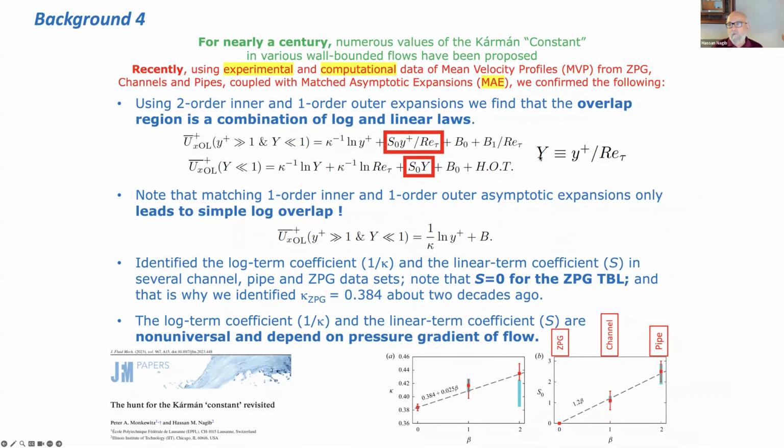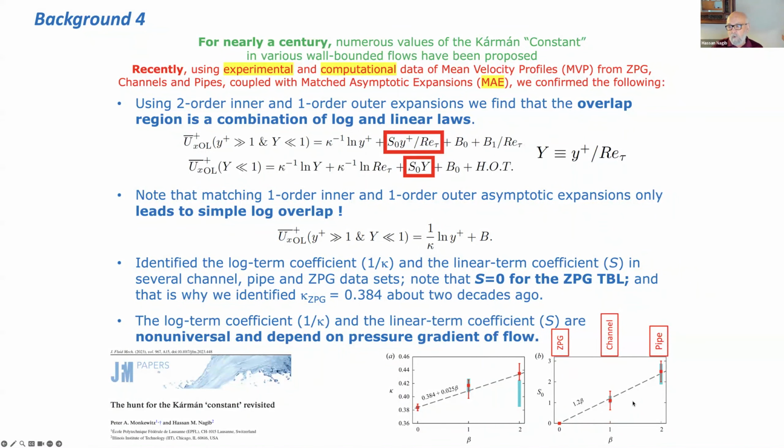So big Y goes from 0 to 1, while y plus keeps changing with the Reynolds number, but they are completely equivalent. And for the ZPG boundary layer, we were so lucky because it will be the only case with S, this coefficient, equal to 0. So it was a pure log, and that is this case.